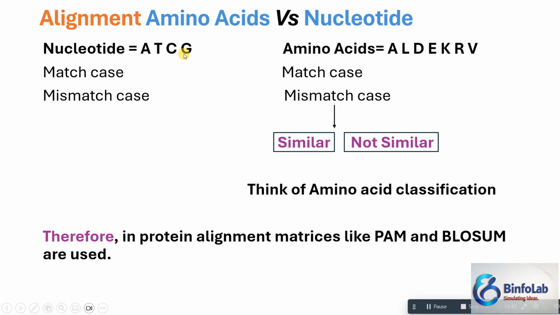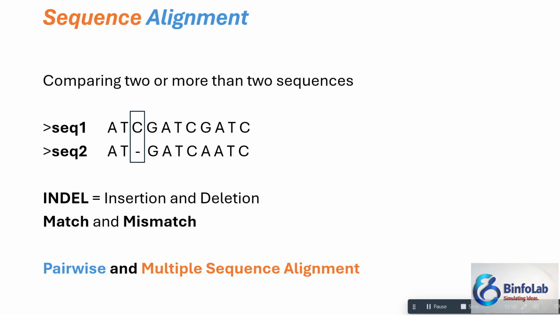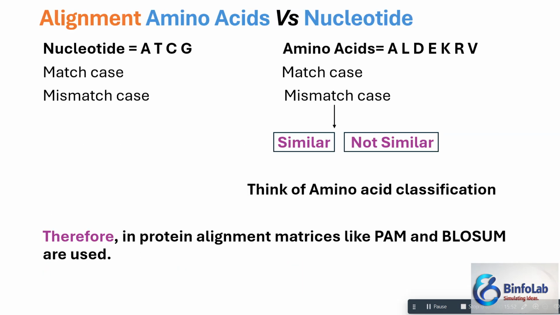When we perform alignment of the nucleotide sequence, we have only two main scenarios: a match case and a mismatch case. Except that in the case of nucleotides, we have a third scenario, the gap.